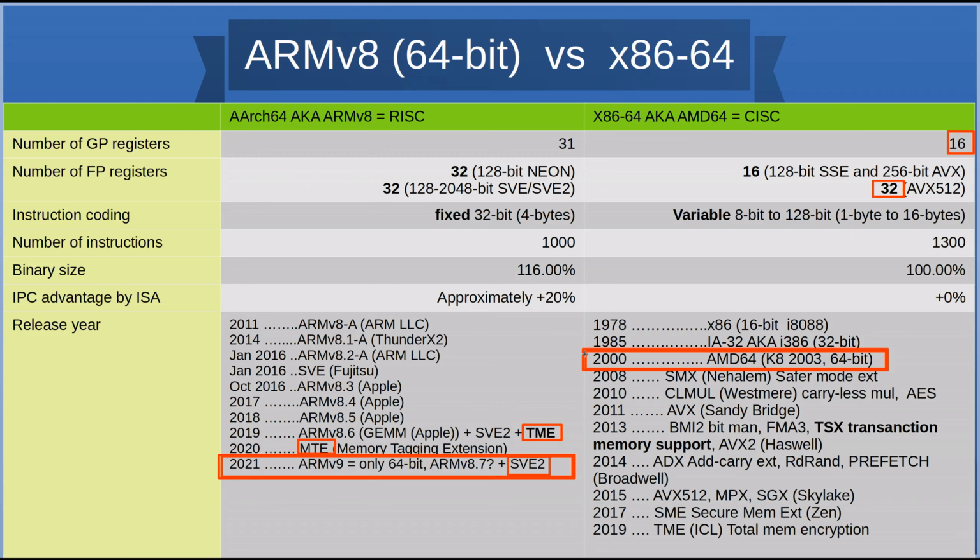But I think what x86 cannot do is deal with the variable coding. Variable coding, I think, is the biggest problem for x86. It burns a lot of energy and transistors, and all the development of the CPU is much more difficult, with a much more complicated front end.